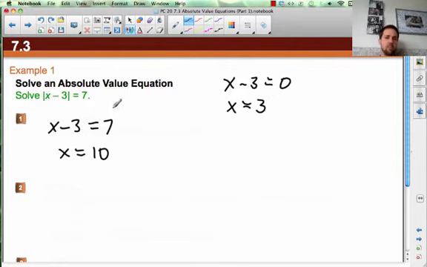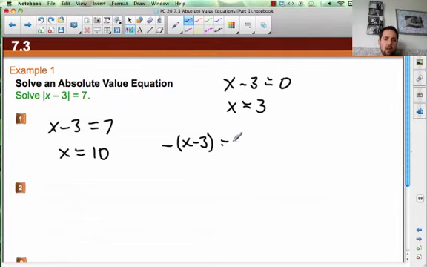But if x is smaller than 3, so say x was 2, 2 minus 3 is negative 1, and we would have a negative value inside the brackets, and we would have to take the negative of that expression to turn it into a positive, which is what the absolute value brackets do.